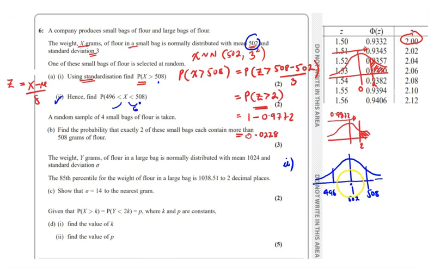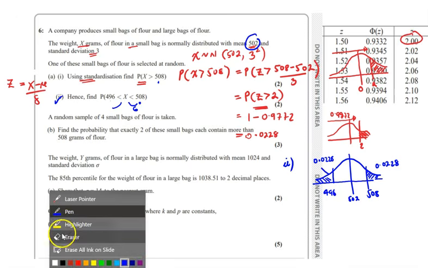All these values are the same distance from the mean. It means that the probabilities are going to be the same. That means this probability here is 0.0228. It also means that this probability is the same because there's the same distance. It's going to be 0.0228. So what you're looking for is the probability in the middle.